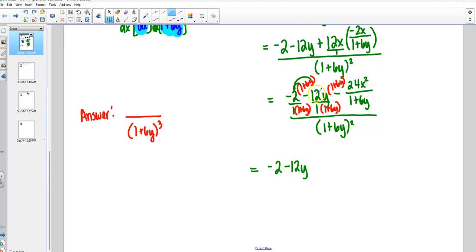And then on the next term, negative 12y will get distributed, so we'll have minus 12y minus 72y squared. And then you don't have to do anything to that last one because it already has a denominator of 1 plus 6y.